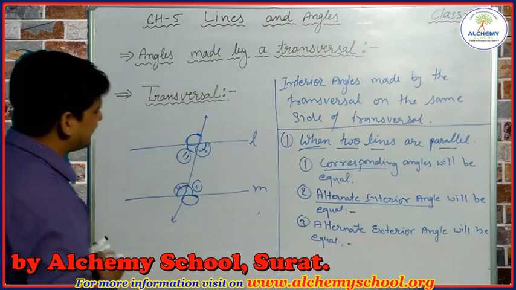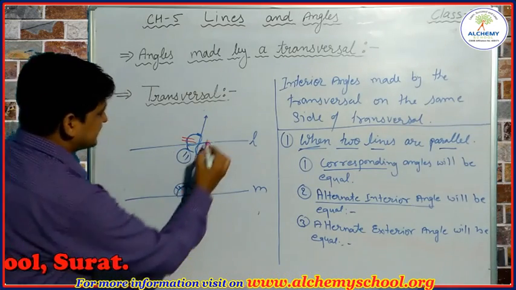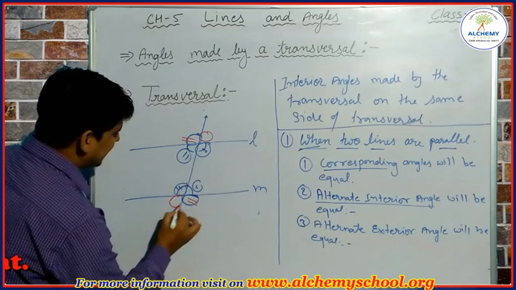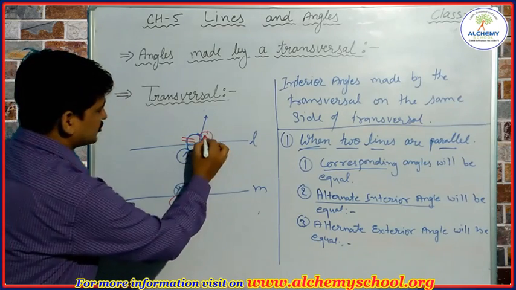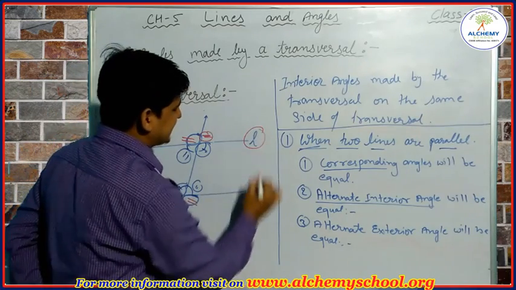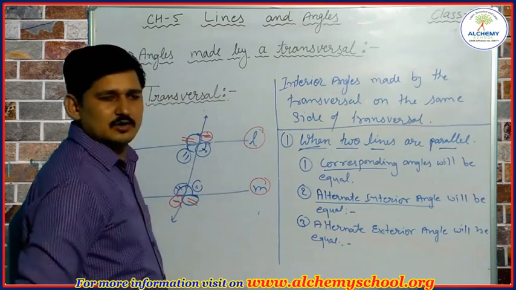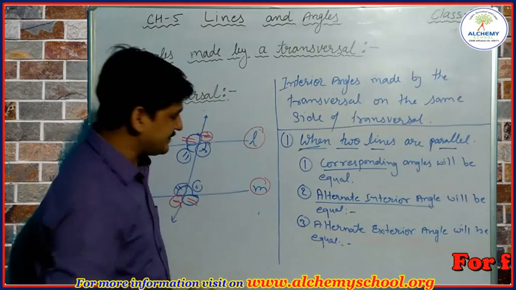So when two lines are parallel, these two angles will be equal. The same way this angle and this angle are also alternate exterior angles. So this angle and this angle will be equal when two lines are parallel and the angles are made by the transversal.